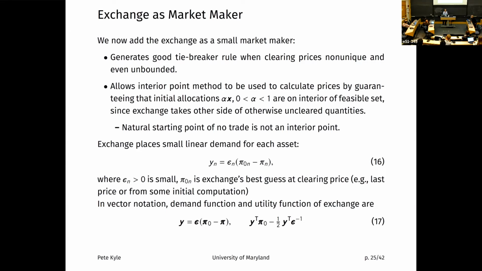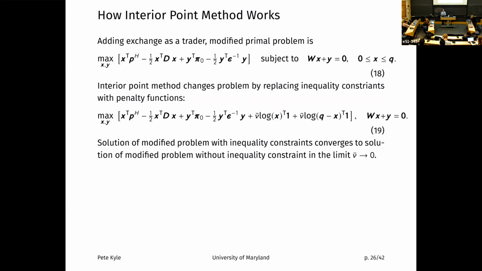Then on each order, give it a small fraction of the order that's being filled, let the exchange take the other side of that, and now it's an interior point. So we can find a starting point to get our algorithm going, and we can take advantage of theorems about interior points. And hopefully it's not going to cost us very much in the sense that the exchange is not going to have to actually put a lot of capital on the table to make this happen.